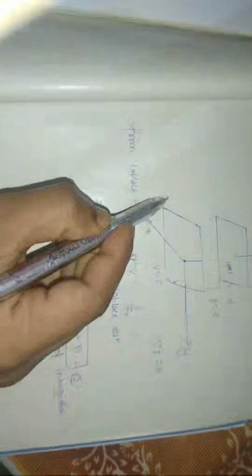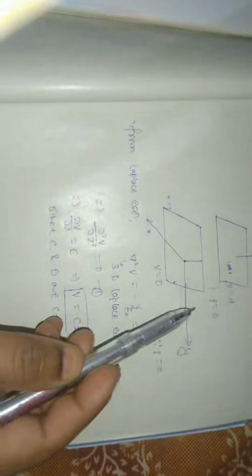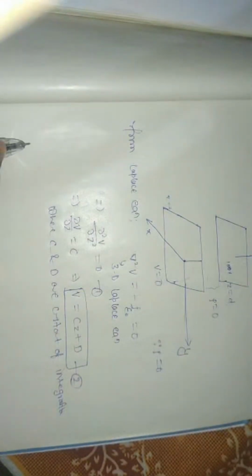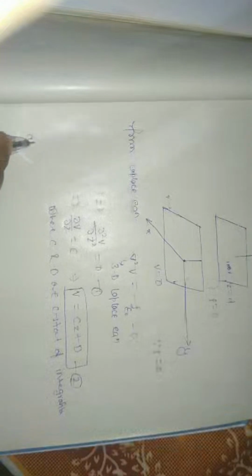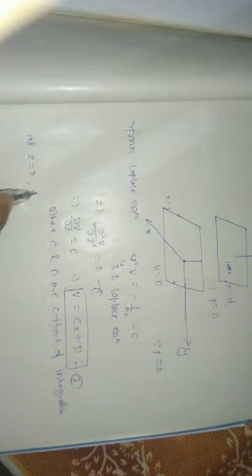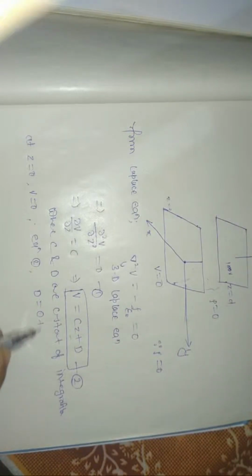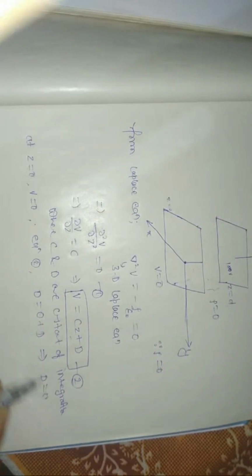As you know, this is z equal to 0 and this is z equal to d. At z equal to 0, potential is 0, and at z equal to d, potential is 100 volts. So apply these boundary conditions. At z equal to 0, potential is 0. Therefore, putting this in equation 2, we get 0 equal to 0 plus D, that is D equal to 0.